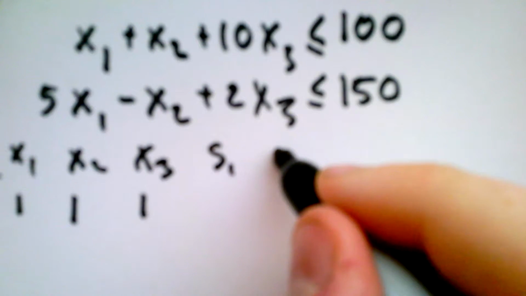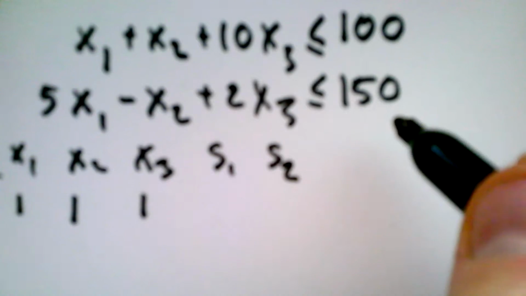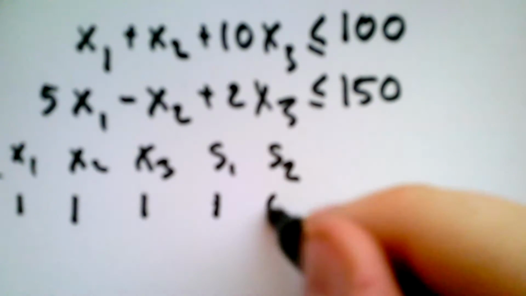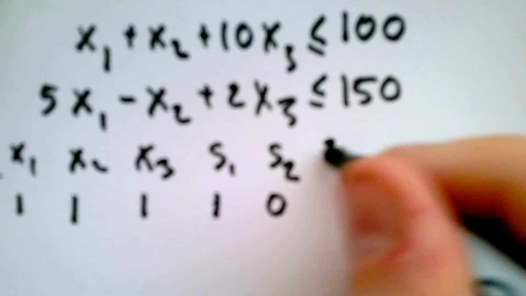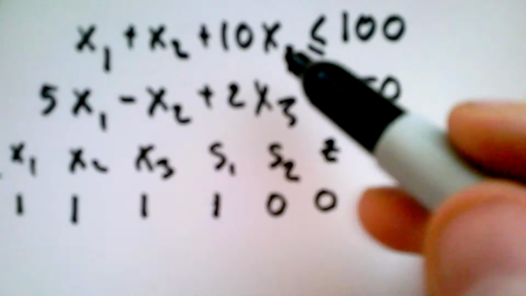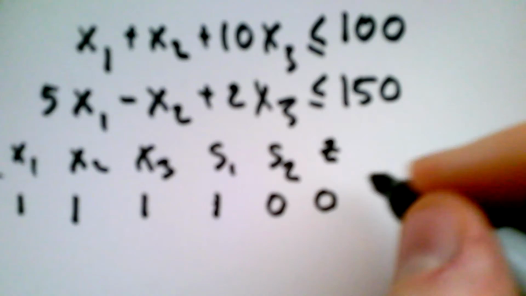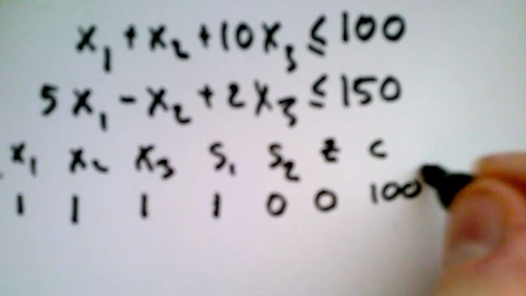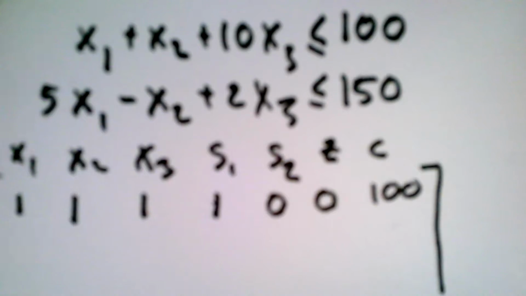So here's our first slack variable and our second slack variable. Since this is the first equation, we'll put 1 under the first slack variable and 0 under the second. Here's our z column. There are no z's in this constraint, so we'll put a 0. And then our constant is 100. And then we close off our matrix.